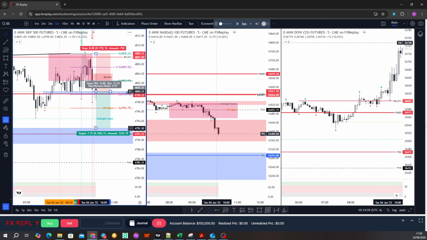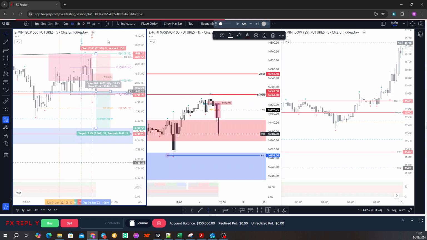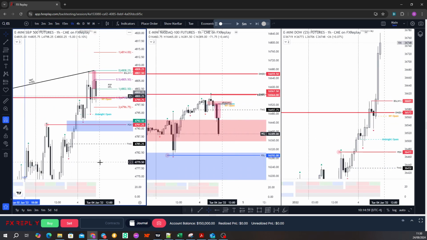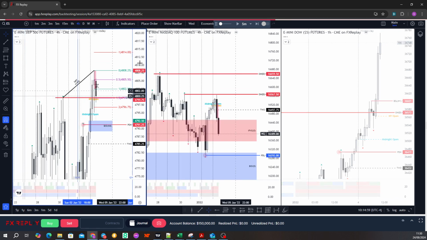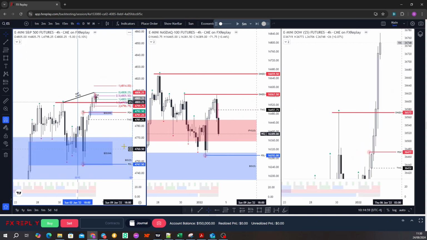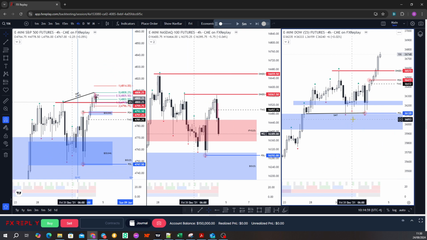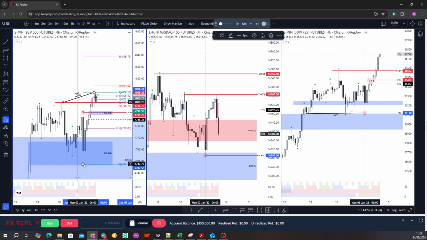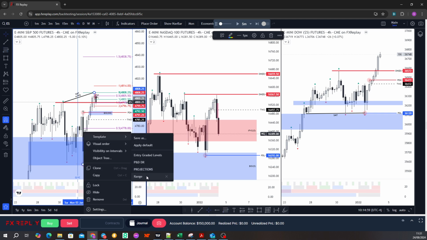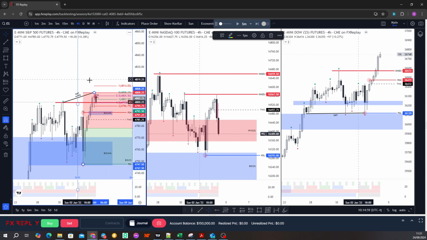Why not? Let's go to the hourly second. The hourly's not this one for, I think we SMT occur to that low. So if we take a fib from the high to the low, and we use a discount like that.